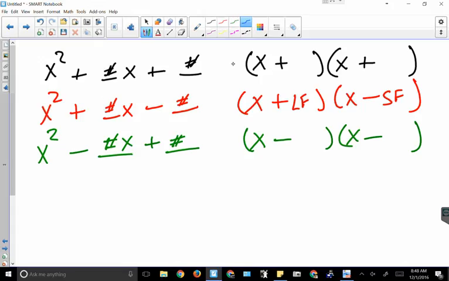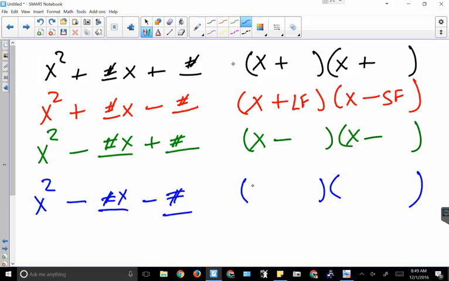Last one. x squared minus some number x minus some number over here. This will factor as follows. So it would be x and it would be x. One is going to be plus, one is going to be minus. The thing is, this is going to be the larger factor and this is going to be the smaller factor. And I'll show you how those work in a moment.